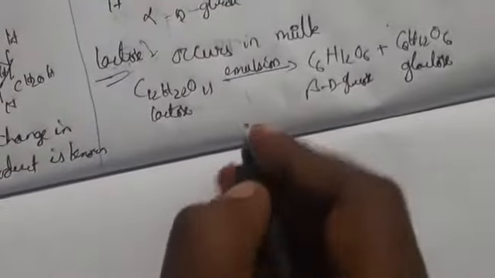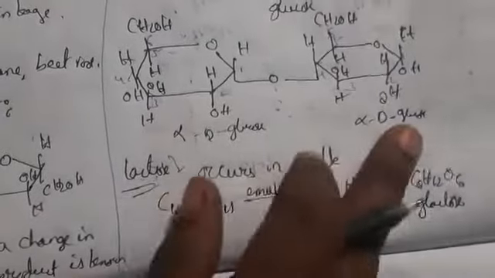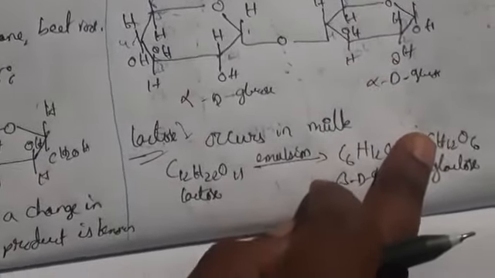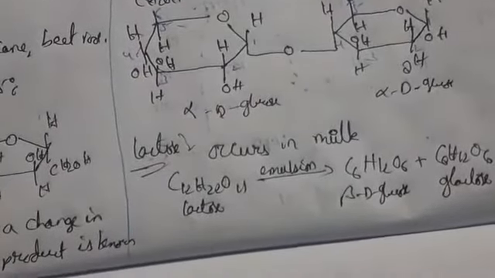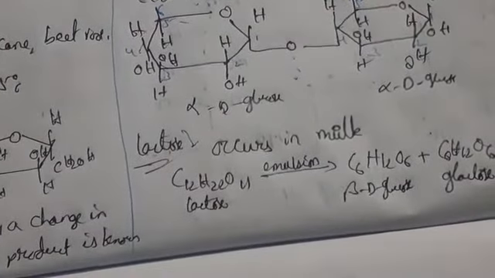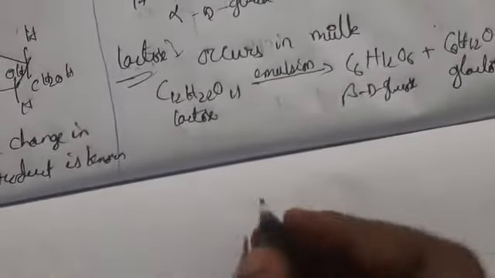Now the structures of this are similar. Galactose is nothing but glucose with a change in configuration, so the structure comes crosswise.